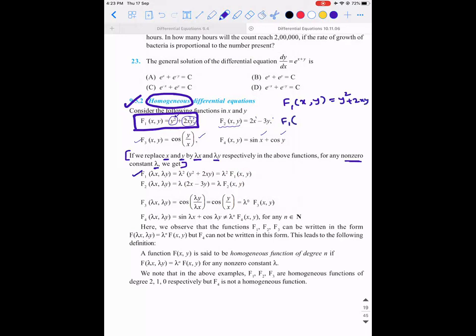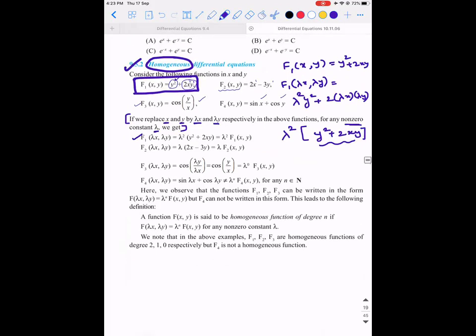So if I ask you what is f1 of lambda x comma lambda y, it will be lambda square y square plus 2 into lambda x into lambda y. So what is common in both? Lambda square into y square plus 2xy. But what is y square plus 2xy? It is f1 of x comma y.